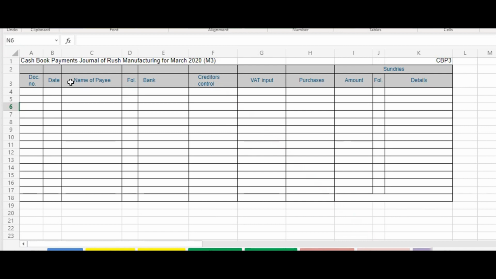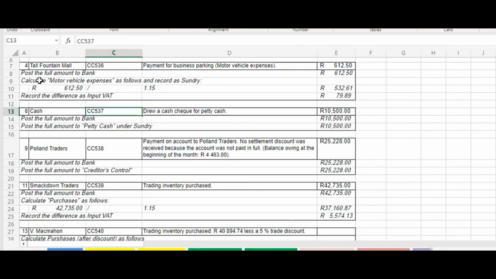In this case we say name of payee, because when we use a checkbook and make a payment to somebody, that person is called a payee. Everything goes through the checkbook, so we can put name of payee, but in other cases detail would have sufficed. So that's the layout of the journal. Let's look at the calculations one by one.